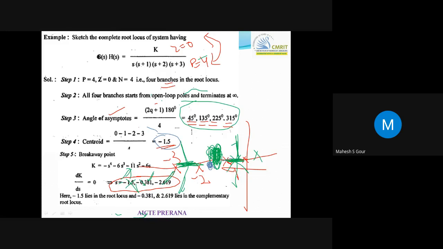From your real axis at centroid, you need to take an asymptote like this, because this is 45 degrees. Another is 135, going like this. Third is 225, going like this, and fourth is 315. So all four asymptotes will go from centroid at 45, 135, 225, and 315 degrees.